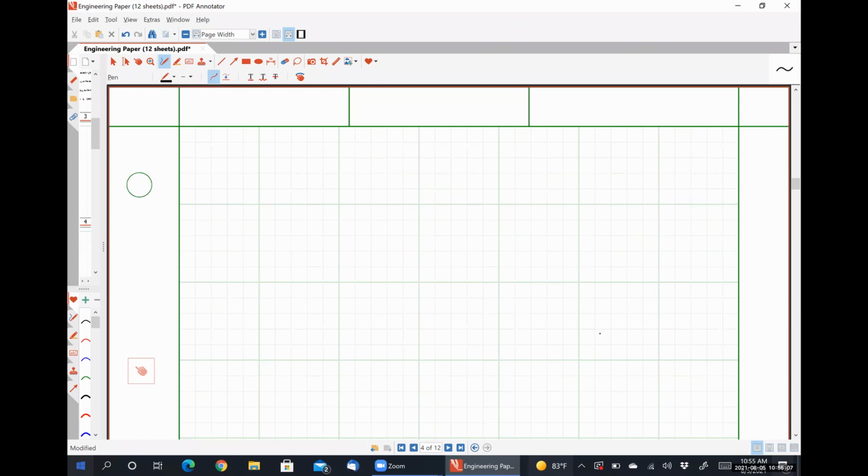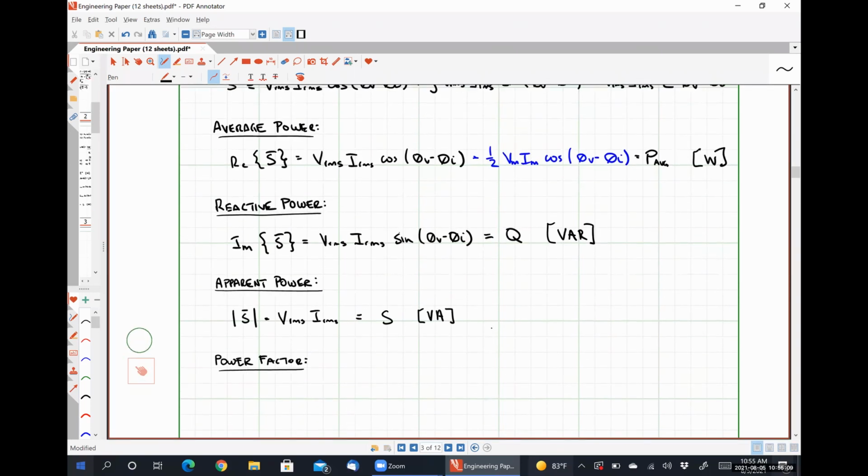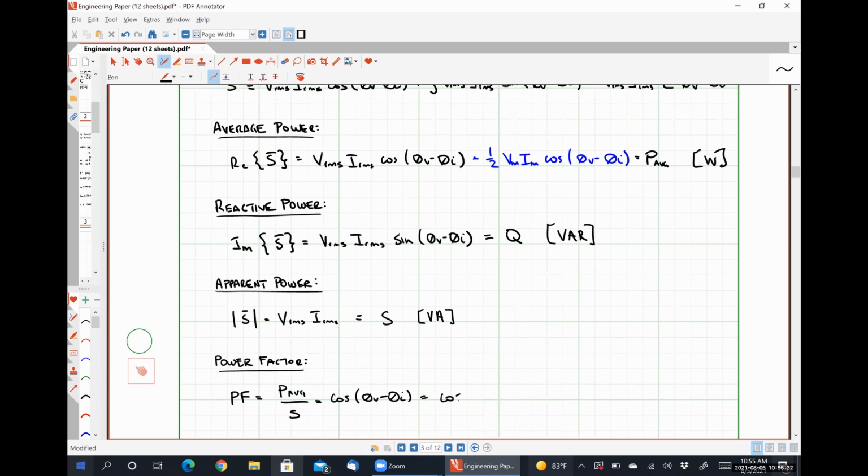Mathematically, power factor is defined as the ratio of the average power divided by the apparent power, which comes out to be simply the cosine of theta v minus theta i, or you may alternatively see it as cosine of theta s, where theta s is what's called the power factor angle. Okay.